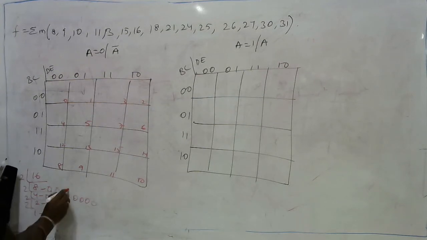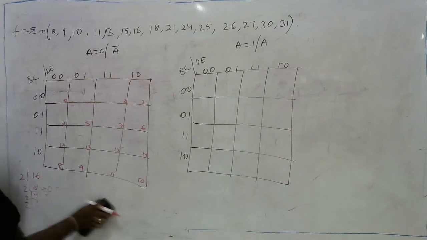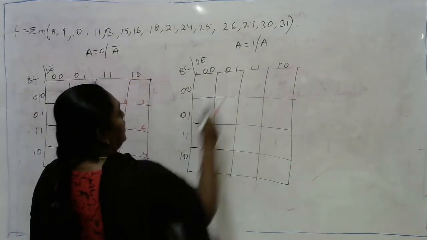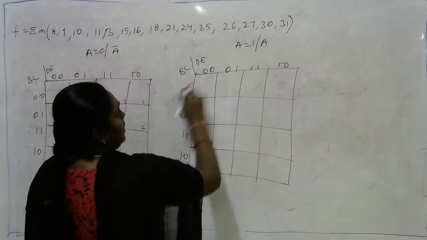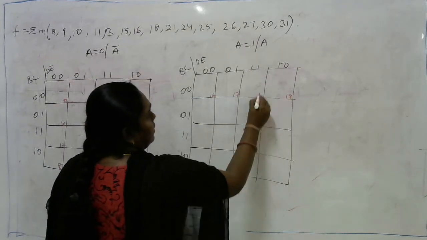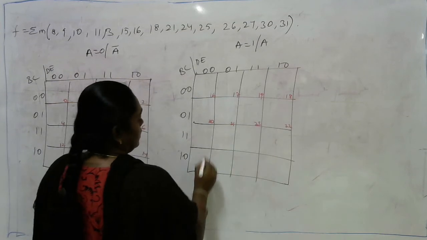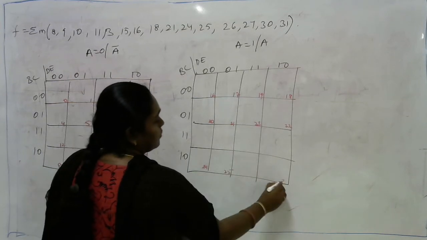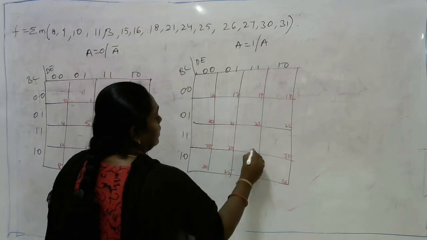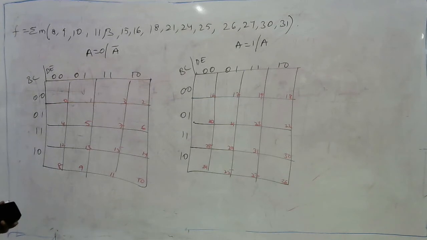So 1 is nothing but A. This is B, C, D, E. So that is the reason we have taken the second case as the complete 16 squares with A equivalent to 1. So for 16, A is 1 and all these are 0. So it is 16, 17, 18, 19, 20, 21, 22, 23, 24, 25, 26, 27, 28, 29, 30, 31. So it consists of a total of 32 cells starting from 0 to 31.